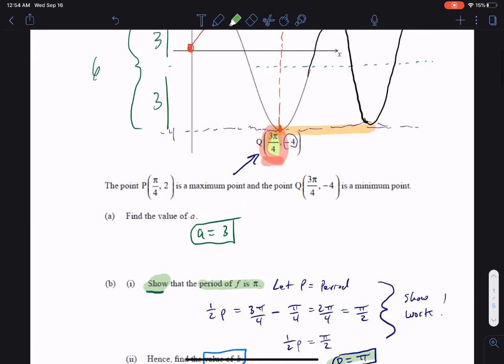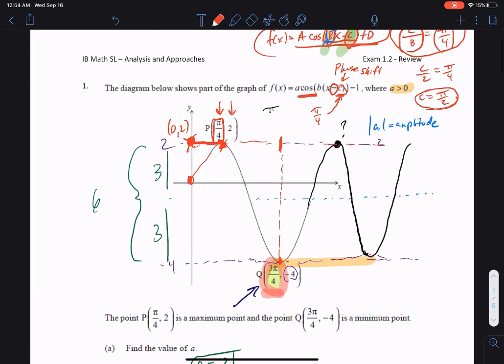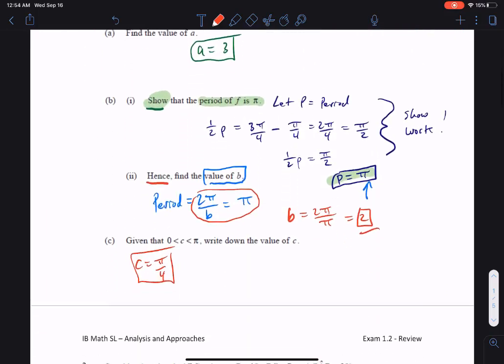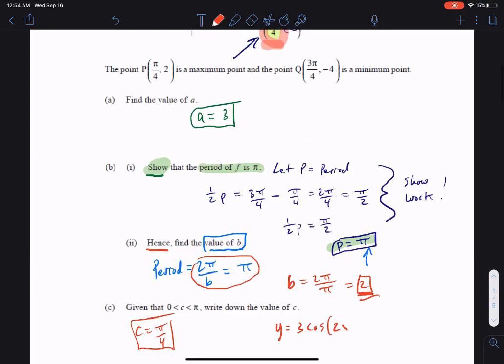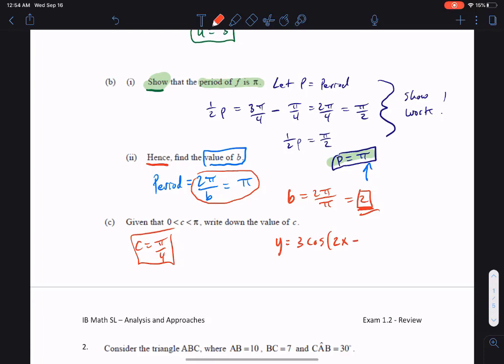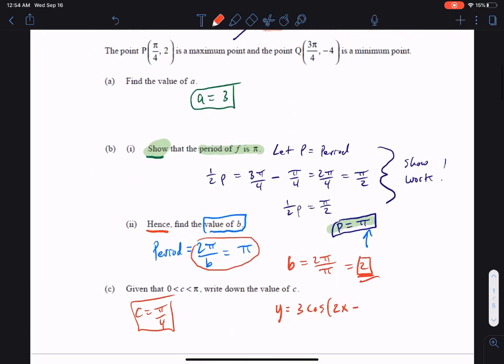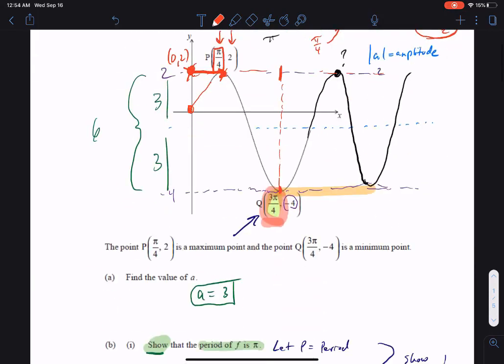That's the difference. So if I were to write this equation as 3 cosine of 2x, this is the value B, minus, and this is without it being factored, pi over 2, and then minus 1.